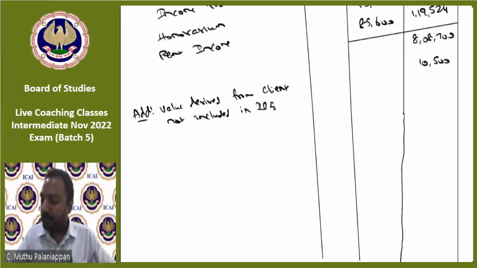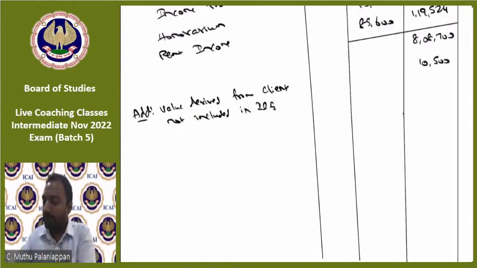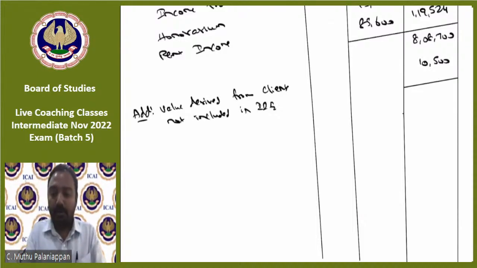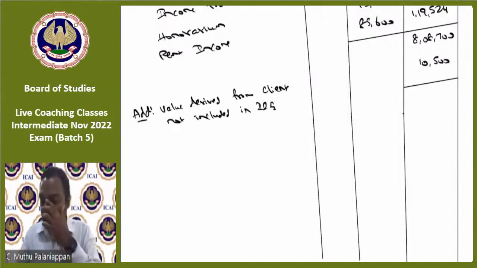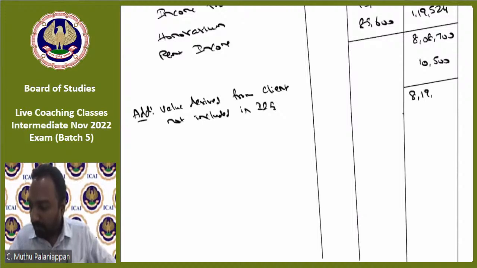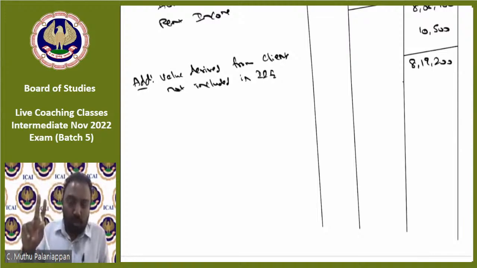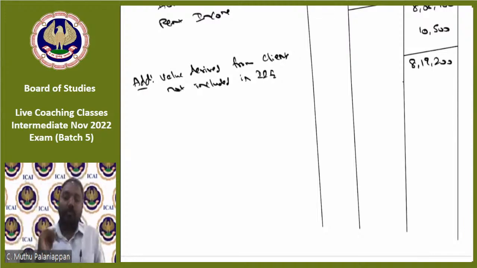Okay, so with that, what do we get? 808,700, you need to add, right? So it is 819,200. So we get that. Now we have completed two adjustments for income. So we have come to expenditure.